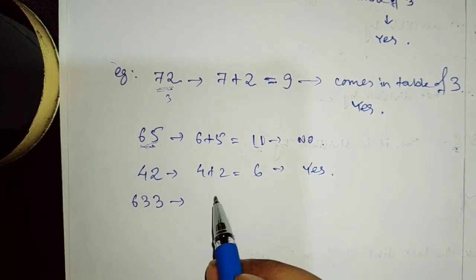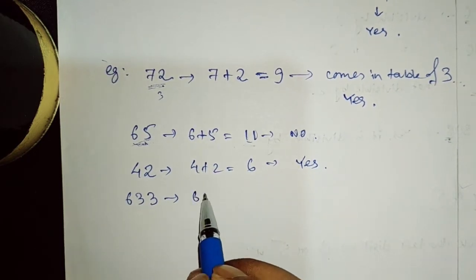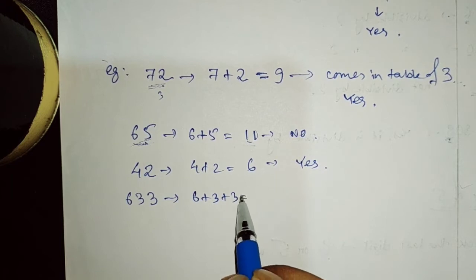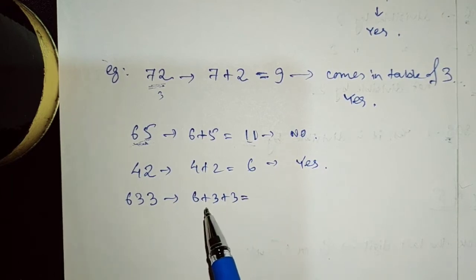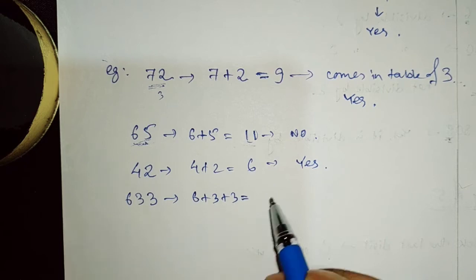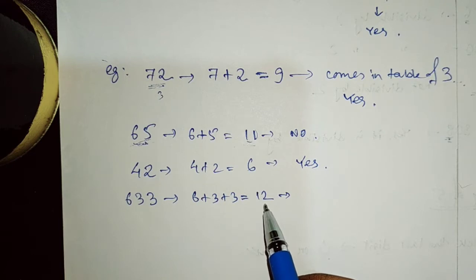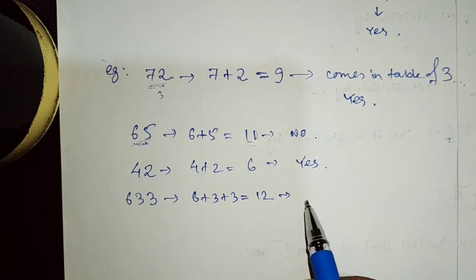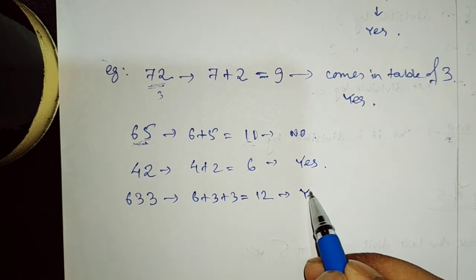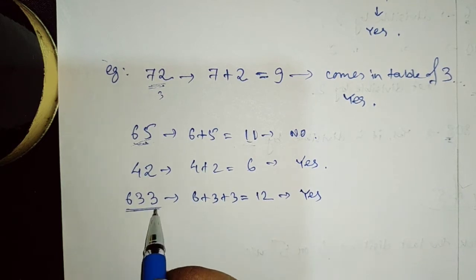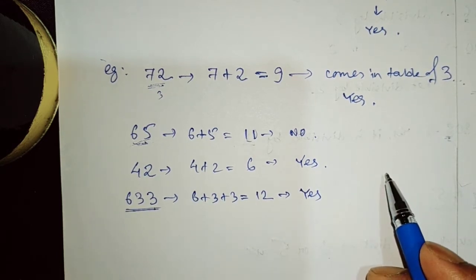If we take 633, what would we do? 6 plus 3 plus 3. How much, you tell me? Pause the video and tell me fast. 6 plus 3, 9. 9 plus 3, 12. And 12 comes in the table of 3. Yes or no? Yes, that means 633 is divisible by 3.